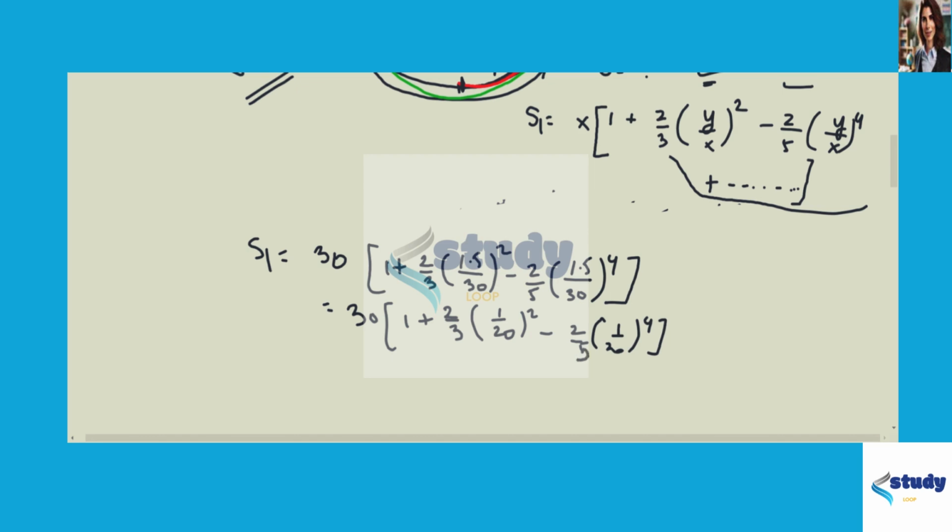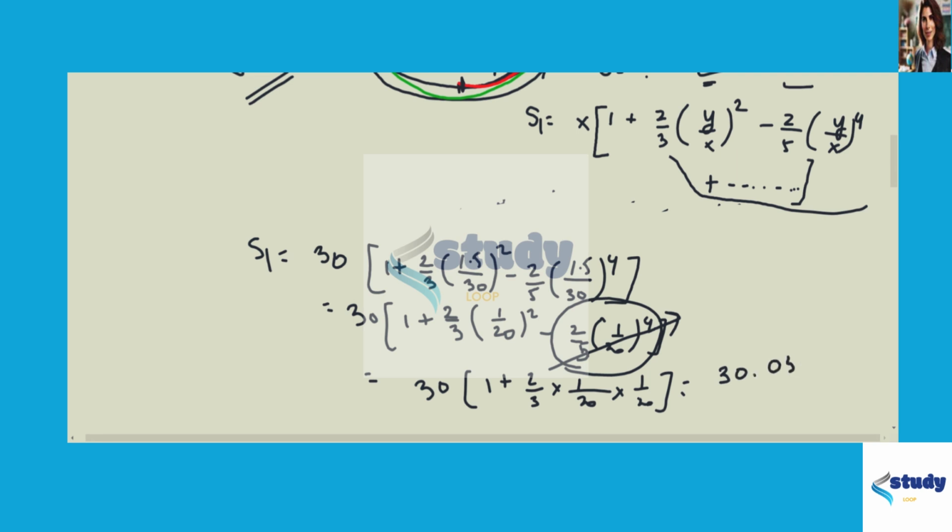And we can see that this term is very small. We can just neglect this term, and this is 30 times 1 plus 2 over 3 times 1 over 20 times 1 over 20. We solve for this, and this comes to be equal to 30.05 meters.